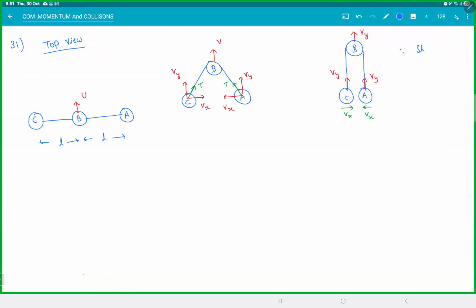When the system becomes a vertical straight line, they will have the same vertical velocity. On top of it, A and C will also have horizontal velocities. There, your picture will look like that just before collision.